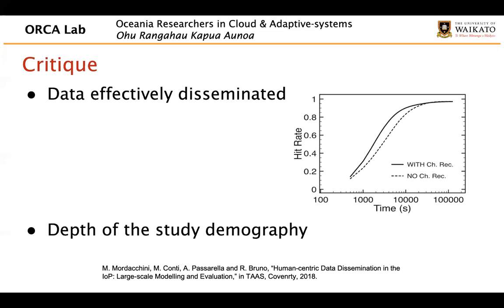Final thoughts on this? The model was able to effectively disseminate data items across a wide range of popularities, using a very limited amount of storage space at each node, which is also important. The graph here shows the hit rate along time with and without channel recognition.